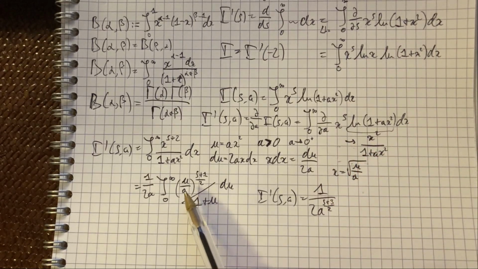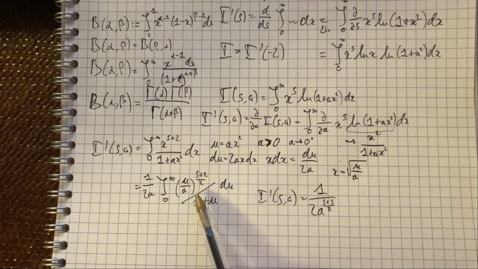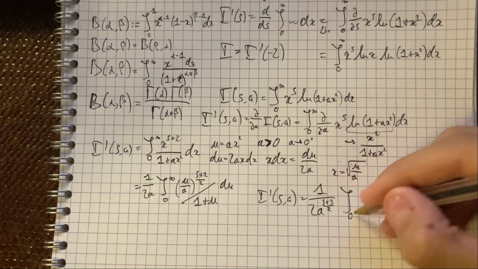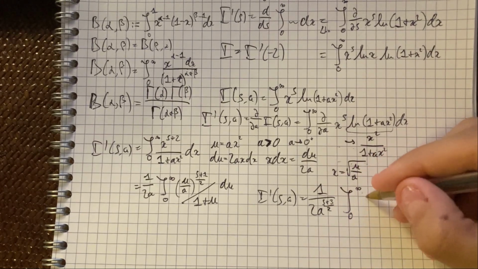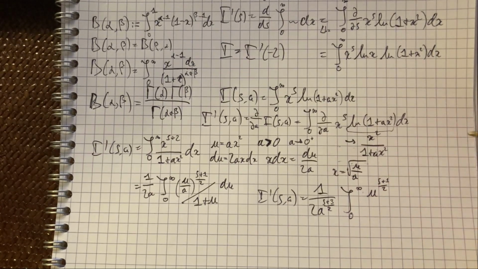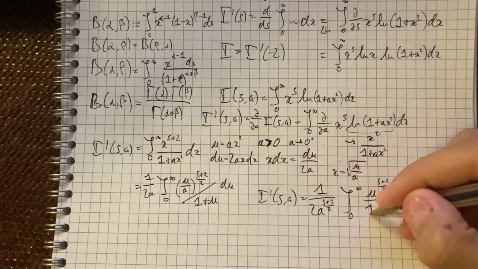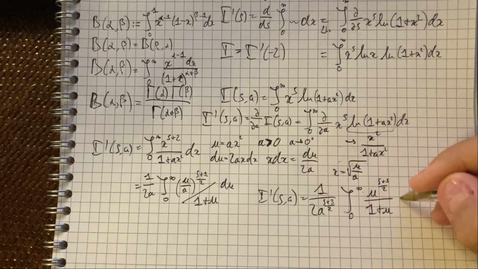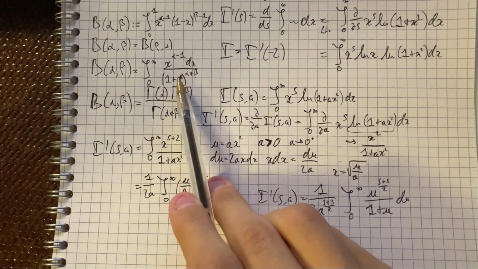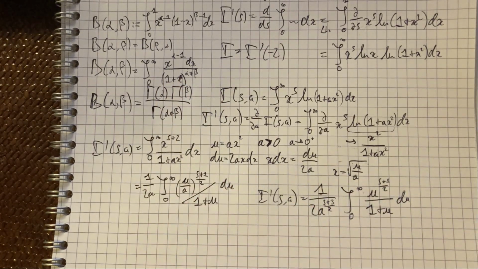Be careful with this 1 power and the s plus 1 over 2 power. Times the integral from 0 to infinity of u to the s plus 1 over 2 power over 1 plus u du, and this can be linked to our beta function. Here we know the arguments.